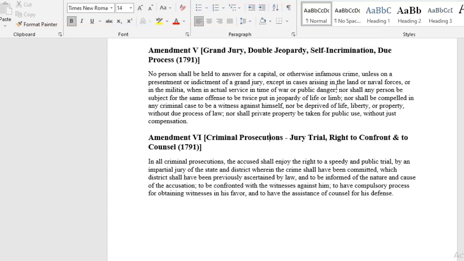That's double jeopardy. Nor shall be compelled in any criminal case to be a witness against himself. You've heard people talk about pleading the fifth. That's what they're talking about. In any criminal case, you don't have to testify to anything that may incriminate you.